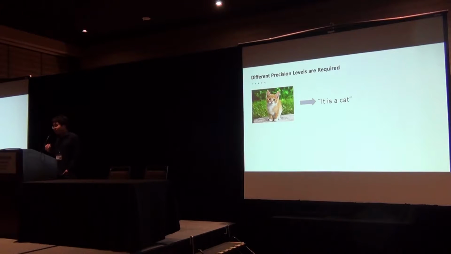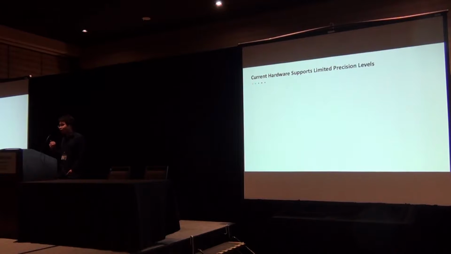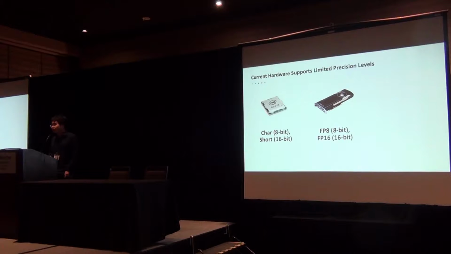For different machine learning models, you need different precisions. For the first one, probably you need 3 bits. For the second one, probably you need 9 bits. But unfortunately, current hardware cannot support low precision very well. The current CPU can only support 8-bit and 16-bit. The GPU can also support 8-bit and 16-bit.